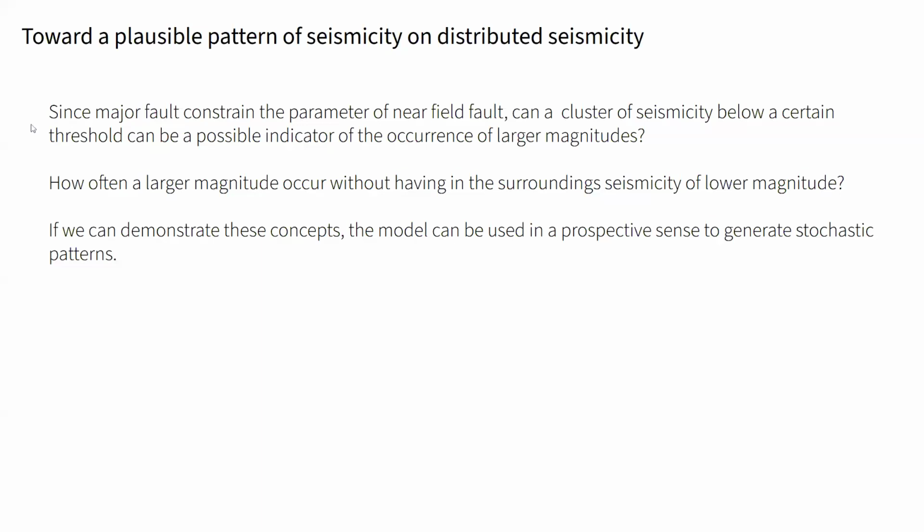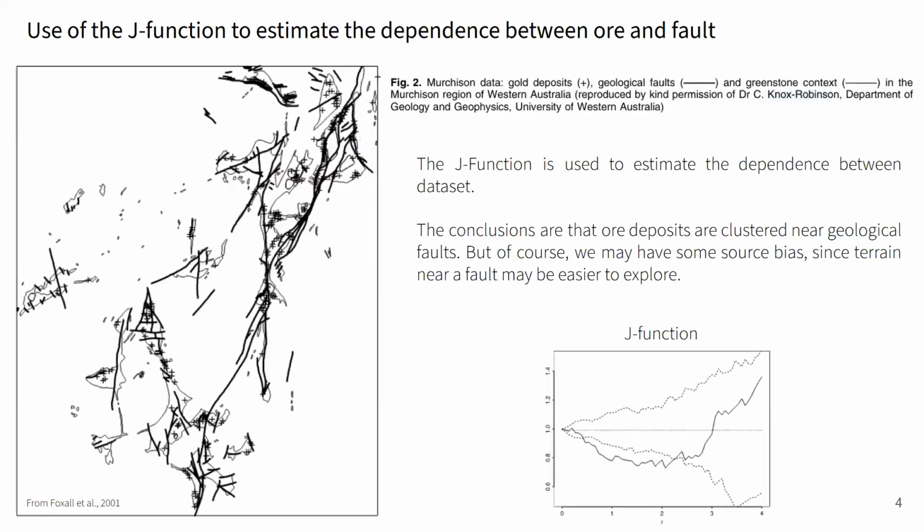The second question that we want to resolve is how often a large magnitude occurs without having lower-magnitude seismicity in the surroundings. Of course, if we can demonstrate this concept, the model can be used in a prospective sense to generate stochastic patterns. I will show you just after.